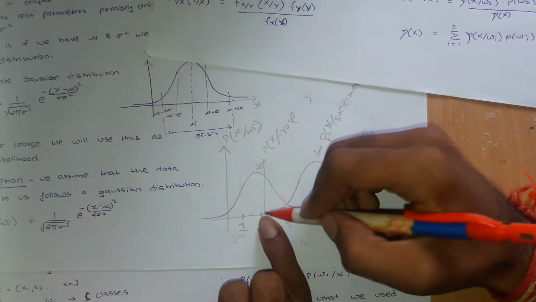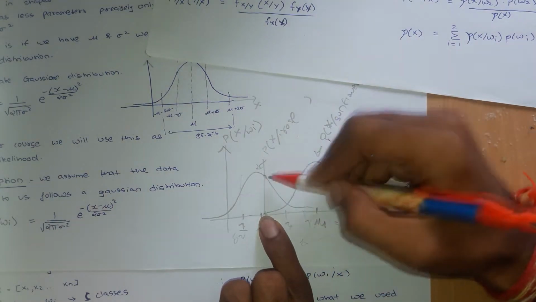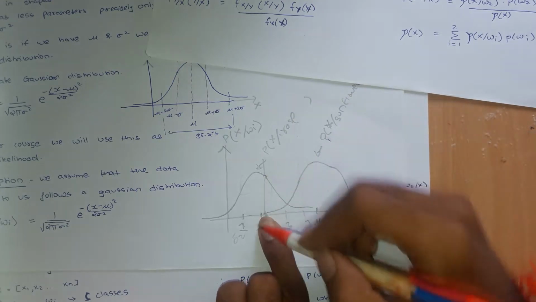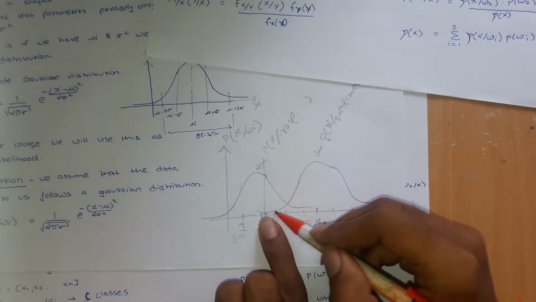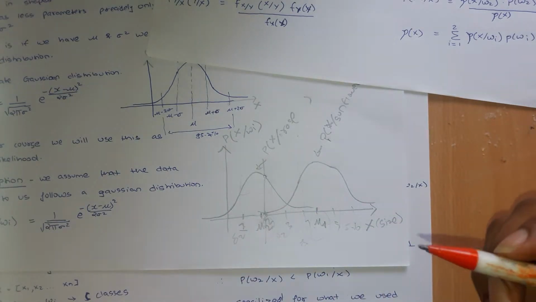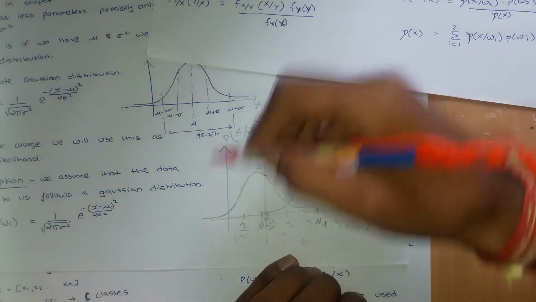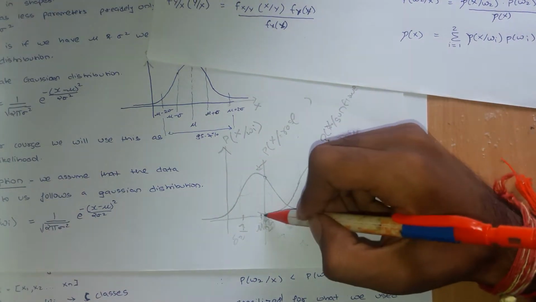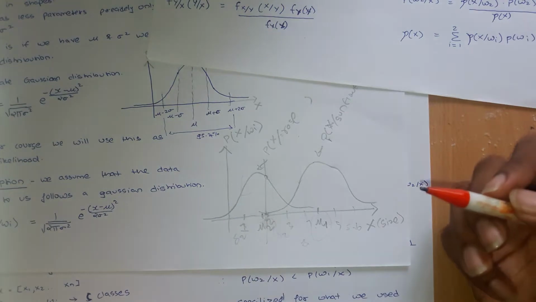Now let me see: the probability of it being a rose is greater, and the probability of it being a sunflower is less. There may be a question that this is a PDF, a continuous plot, and for a continuous plot the point probabilities are actually 0.